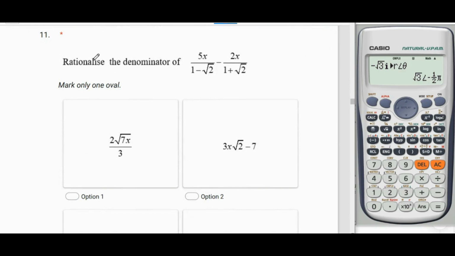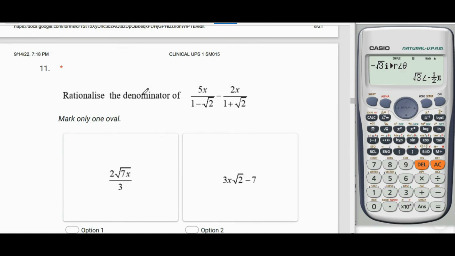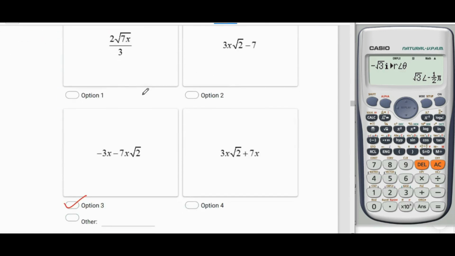So next question, rationalize the denominator. Rationalizing the denominator means simplifying our denominator for this fraction.